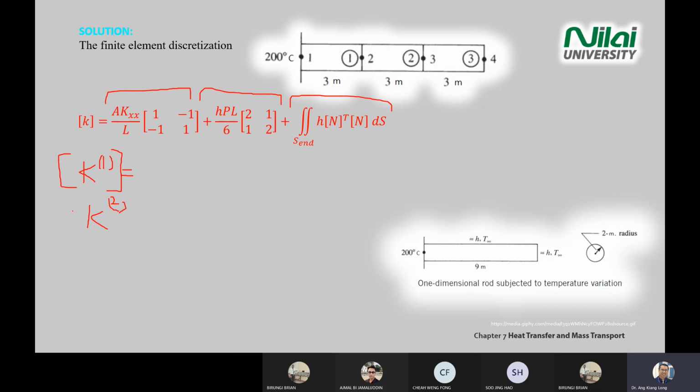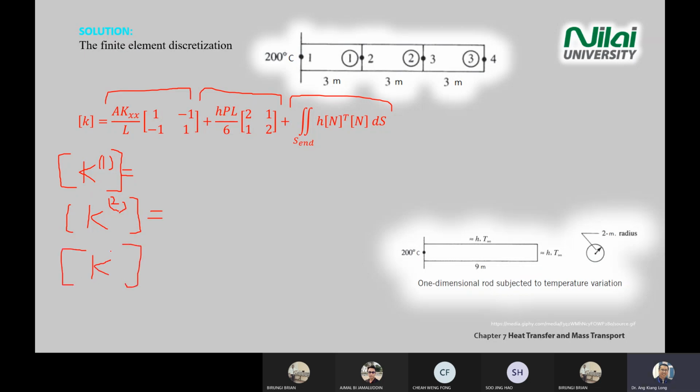Ashmal, what about the K matrix for element 2? Which one can you cancel out, or do you need to write all? The third one, same as number 1, but again, the numbering is different.